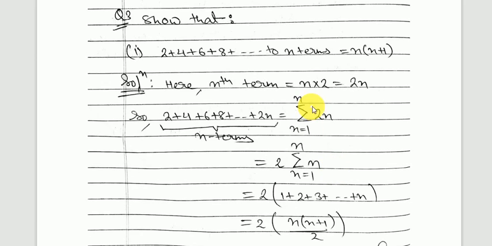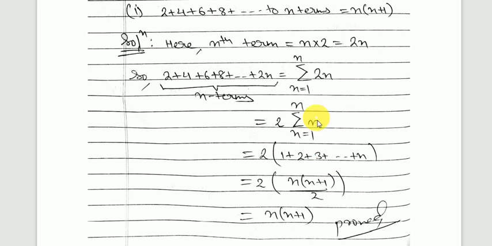Now 2 is a constant, so that 2 will come out as common. We are left with summation n equal to 1 to n of n. If I put n equal to 1, I get 1, then plus, when I put n equal to 2, I get 2, then n equal to 3, I get 3, plus so on till n.